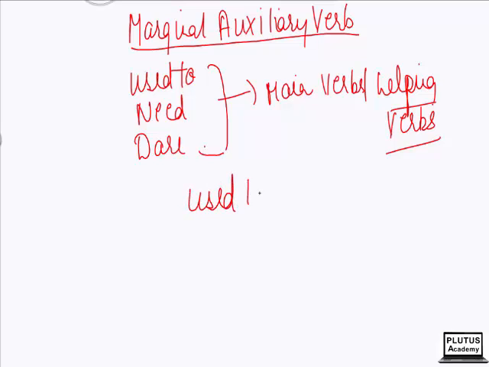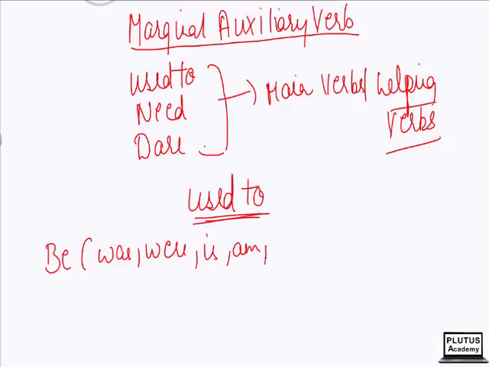As far as used to is concerned, if any form of be is present before used to, now first we have to consider what the forms of be are: was, were, is, am, are, all these are known as forms of be.